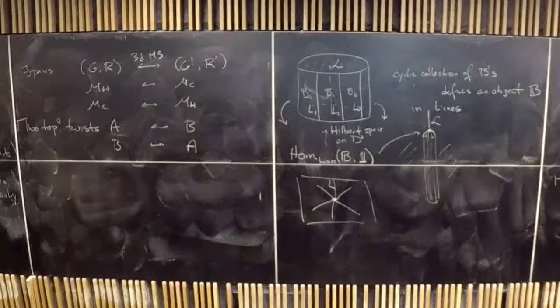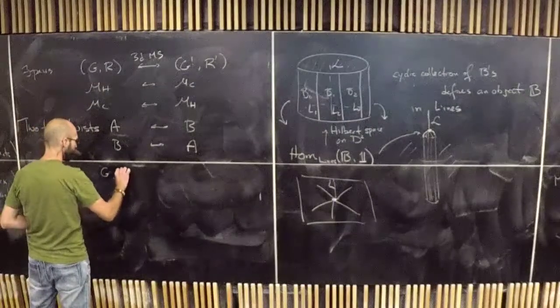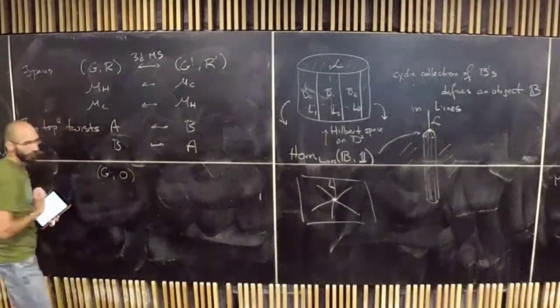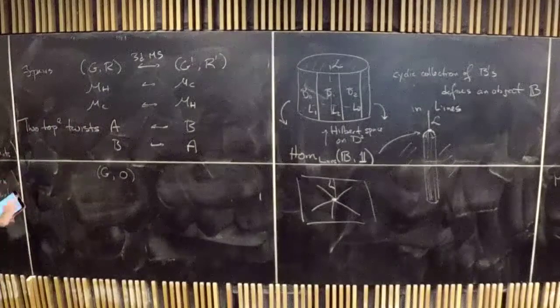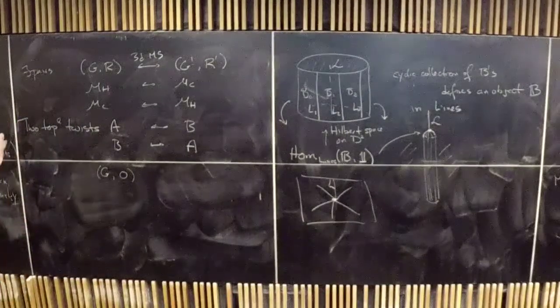So there are many examples that come up frequently in applications that fit in this sort of classification. On the other hand, if you just start with pure gauge theory, that does not have a gauge theory mirror. So in general, absolutely not.